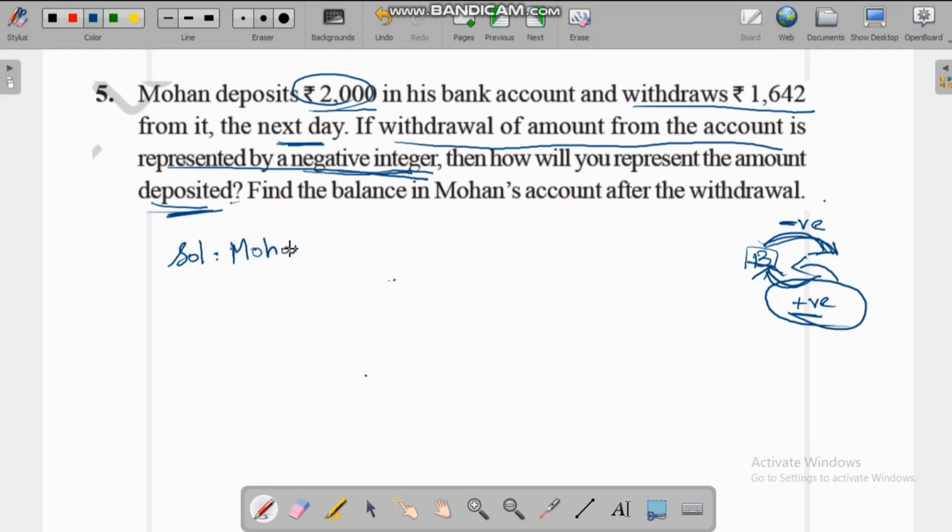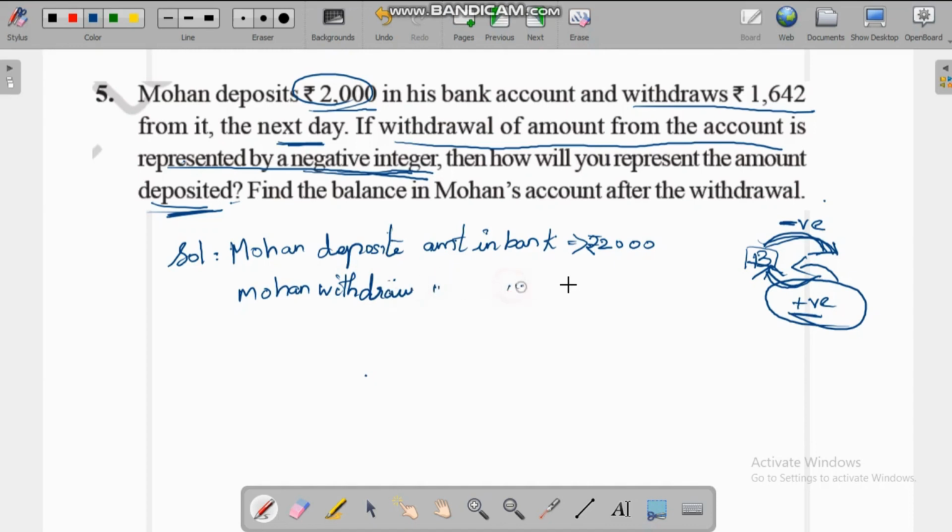Mohan deposited an amount in the bank. How much did he deposit? That is rupees 2,000. Rupees is very important here as it is money. Mohan withdraws an amount from the bank, that is rupees 1,642.